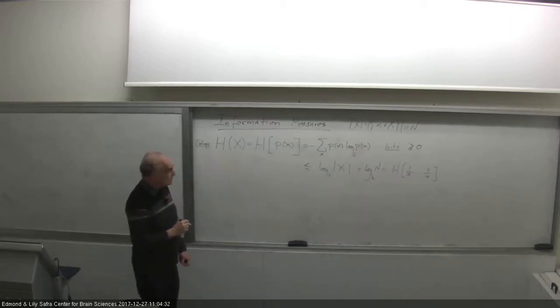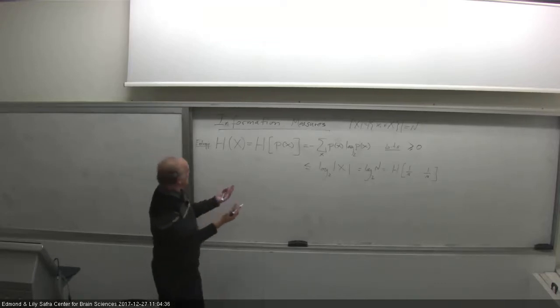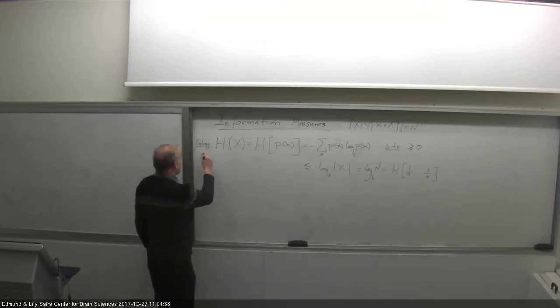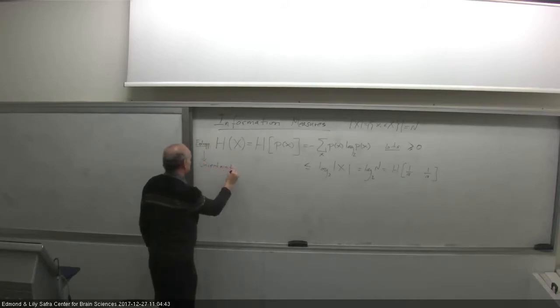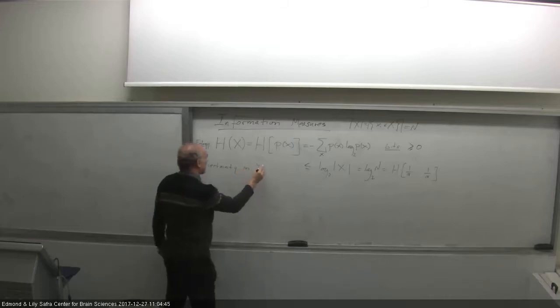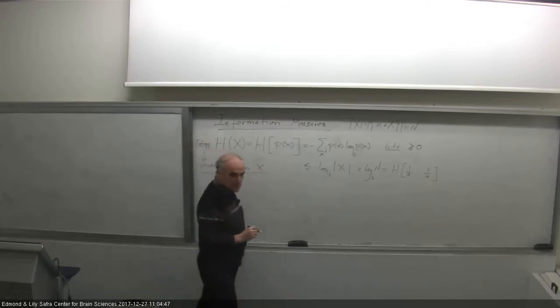Uniform distribution. So this is, as I said, entropy is not an information measure, it's an uncertainty in X, okay?